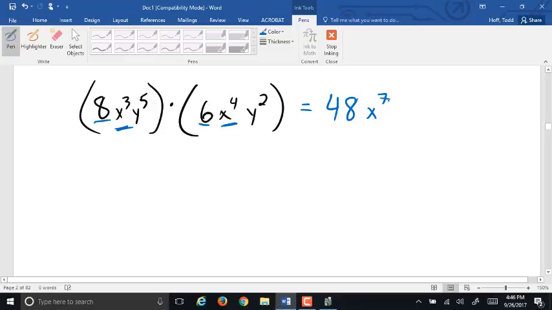Good. When we are multiplying exponents that have the same variable for the base, we add the powers. X to the third times x to the fourth. They both have a base of x, so we add the powers. 3 plus 4 is 7. How about y? That'll be y to the 7th also, because we have 5 and 2. 5 plus 2 is 7.